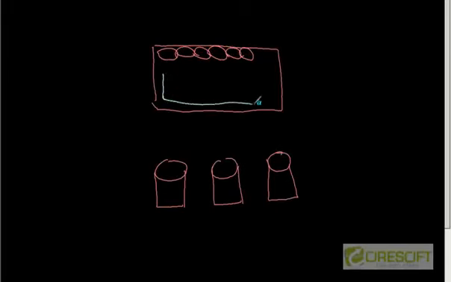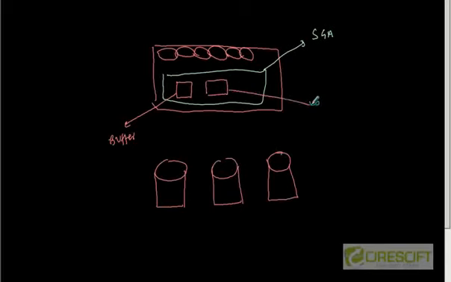If you recollect, that memory structure is called the SGA, or shared global area, and this SGA consists of multiple things. One of them is the buffer cache, and then we have another thing called the shared pool, and so on.